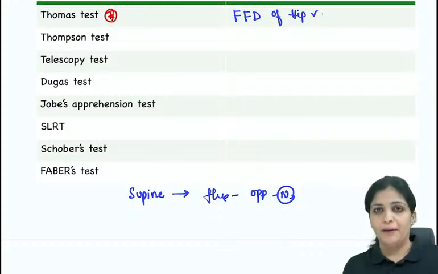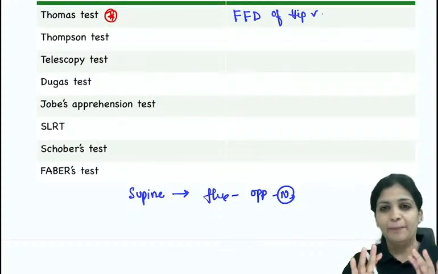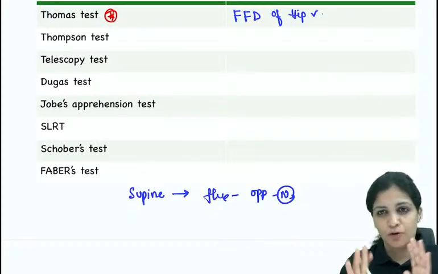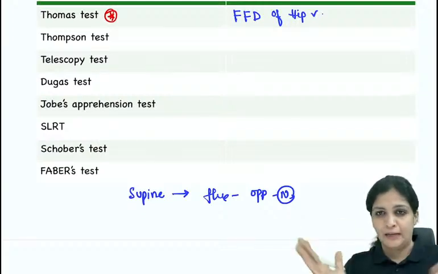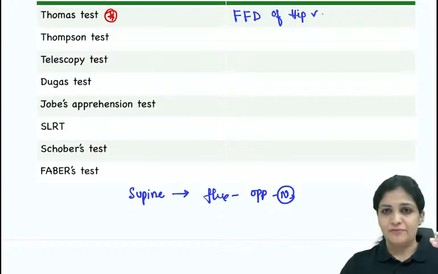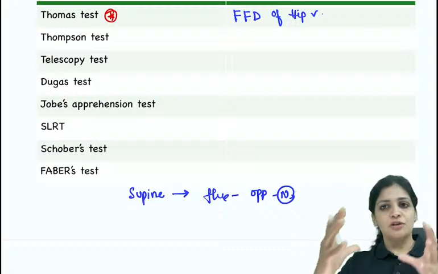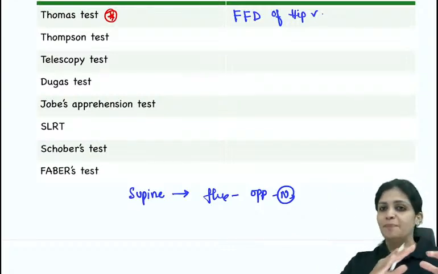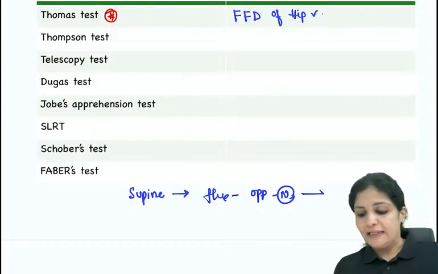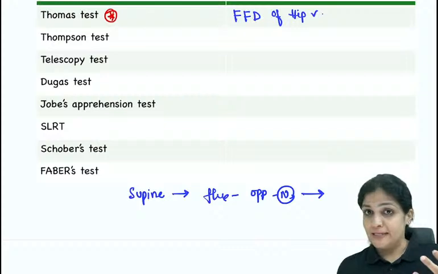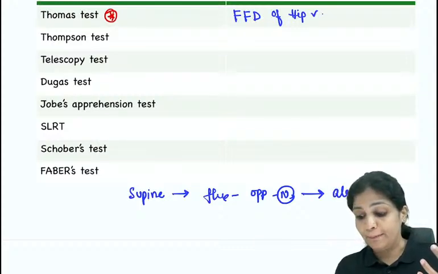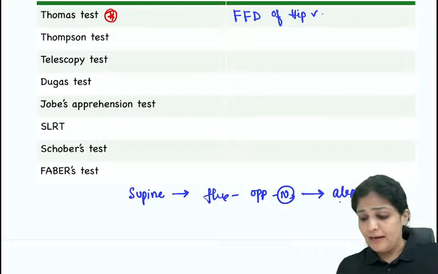Once you flex the normal limb, the spine will think, okay, now some hip is flexing, because both hips are friends. They are connected by the pelvis, right? So one hip is flexing, so let me relax. Now, once you flex one hip, the spine will relax. But now the abnormal hip cannot relax because there is some problem in it. Now, this goes into flexion.